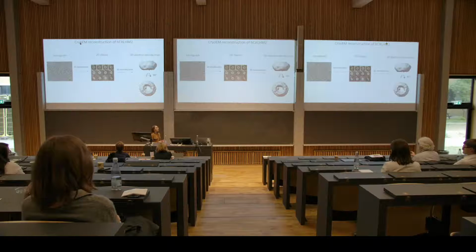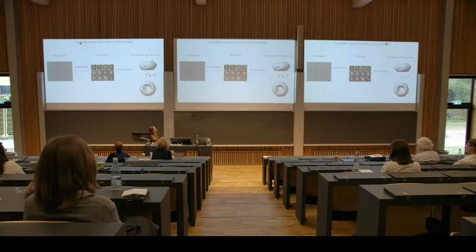And this was due to the preferred orientation. Sometimes it happens, and it happened for us with CAN2, that it displayed this preferred orientation on the grid, so we could mainly see the top views, and we didn't have enough side views or tilted views to build the sides of this map.